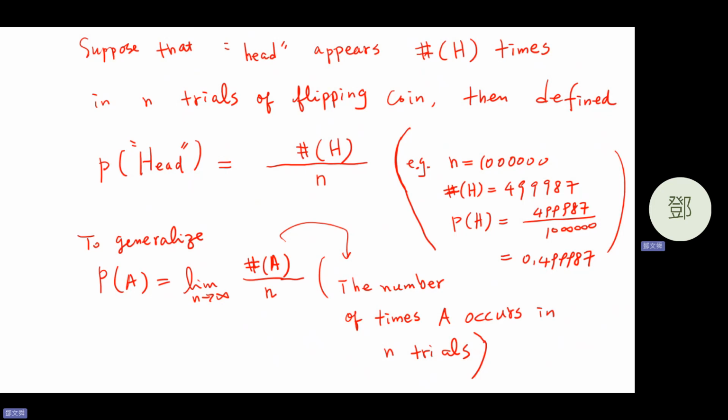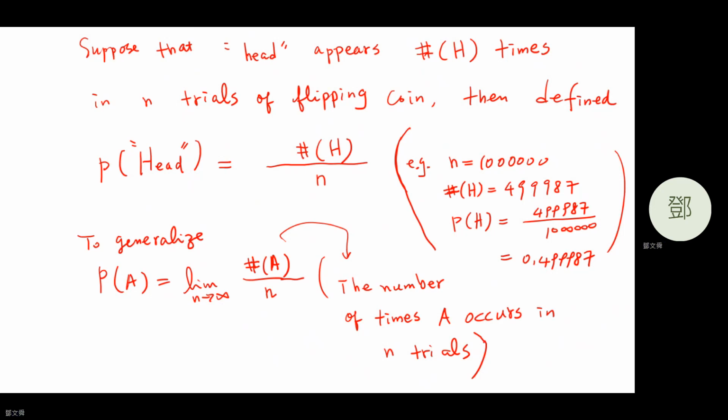Suppose that the head appears h times in n trials of flipping a coin. Then define the probability of a head equal to h divided by n.